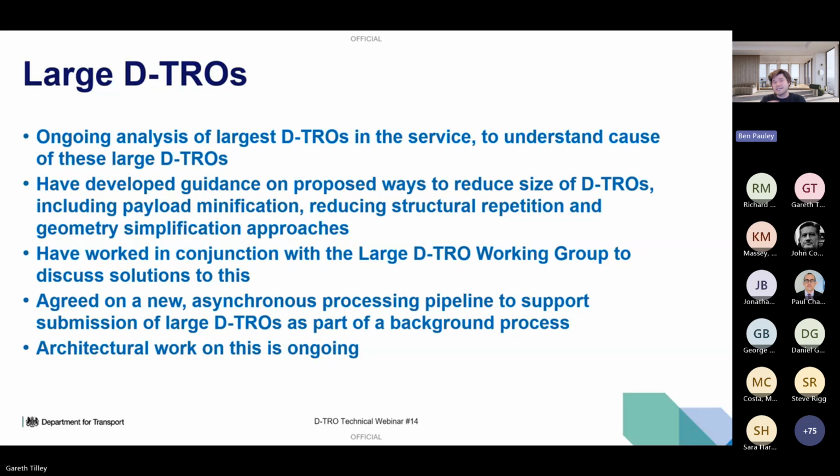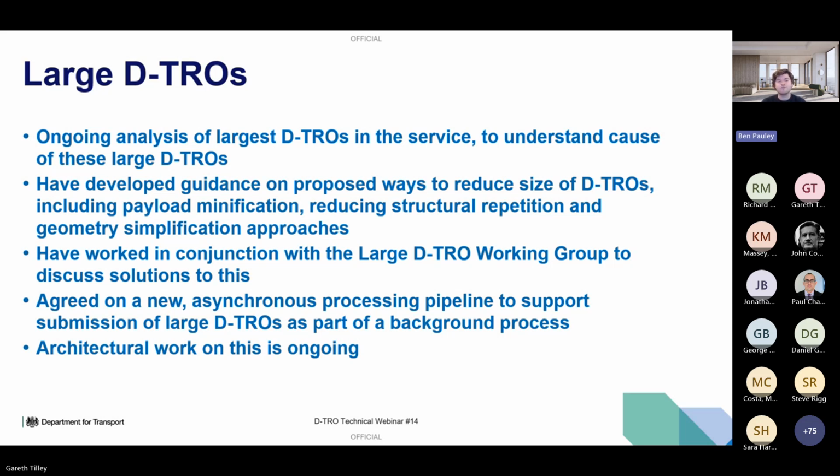Retrieving such large volumes, or putting data in and getting data out in the request response lifecycle, is causing problems in many cases. We've taken a more analytical approach to looking at these large D-TROs, helping us understand what the cause is that makes them large.